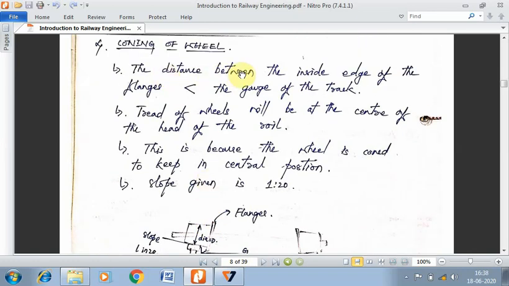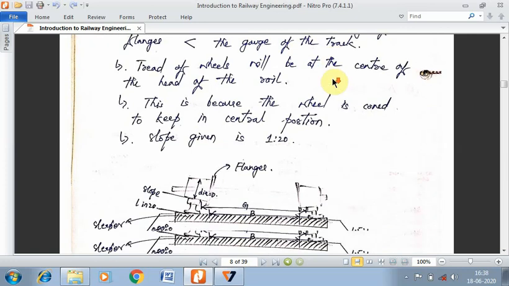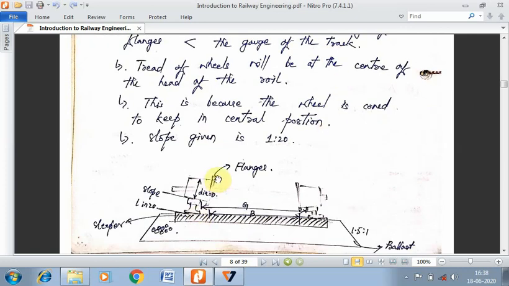So the distance between the inner edge of the flanges of both the wheels will always be less than the gauge of the railway track.